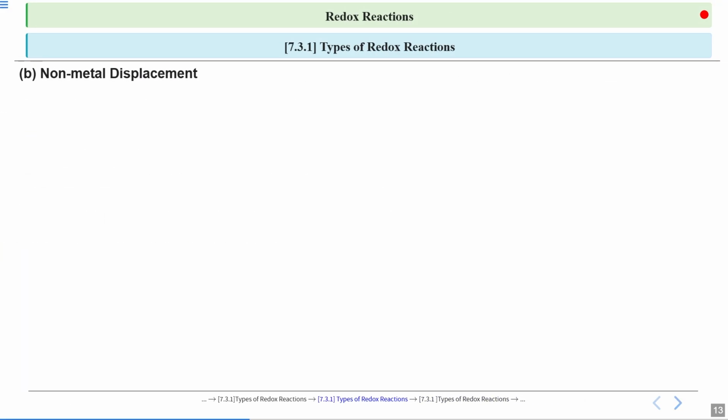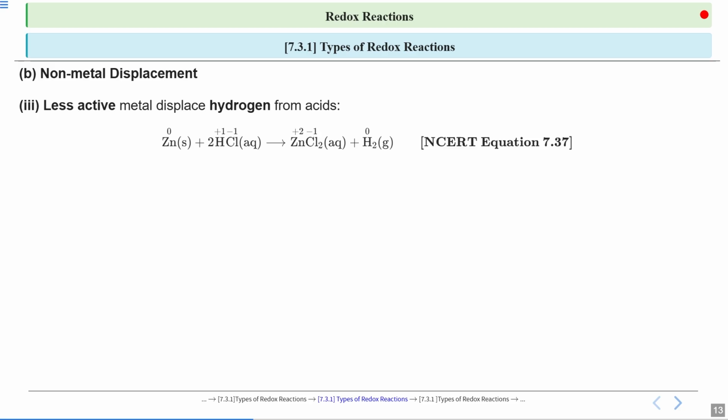In non-metal displacement redox reactions, the less active metal displaces hydrogen from acids. Here you will find that zinc reacting with HCl gives ZnCl2 plus H2. So the metal has displaced the hydrogen from the acid directly, which is NCERT equation 7.37. If we consider the example of magnesium reacting with HCl, you will find that magnesium chloride is formed with the release of hydrogen gas.